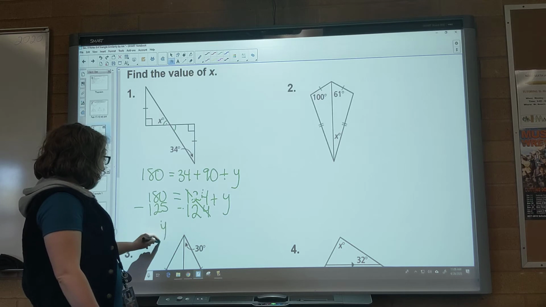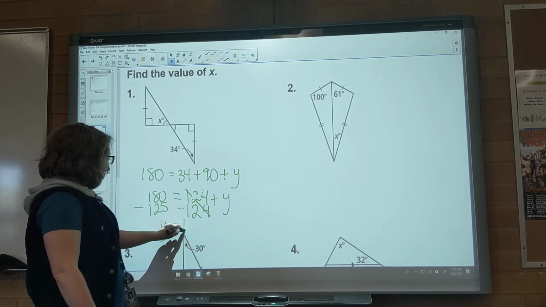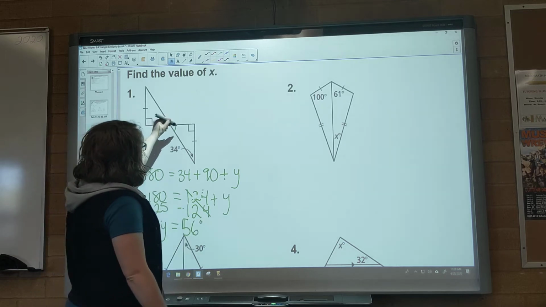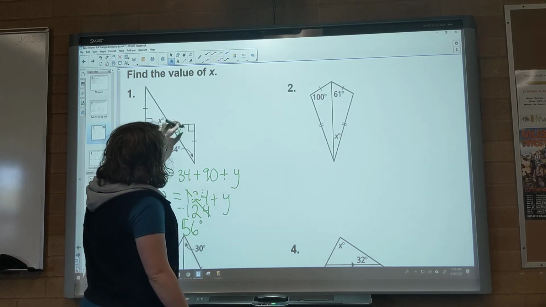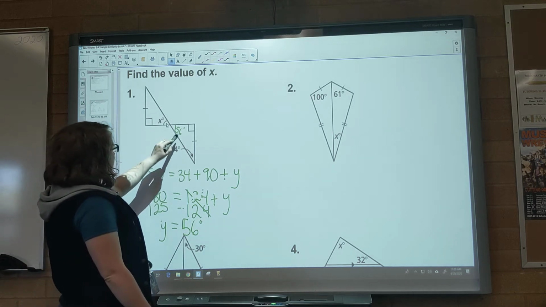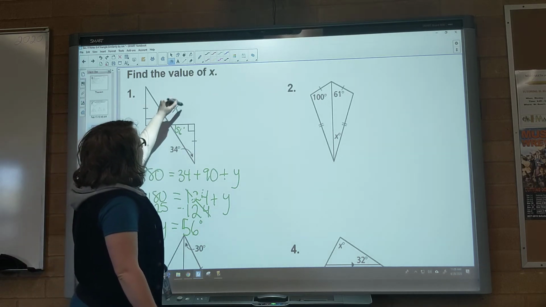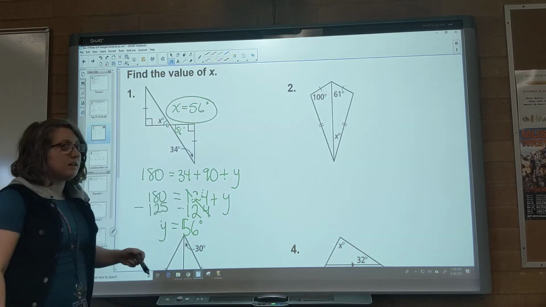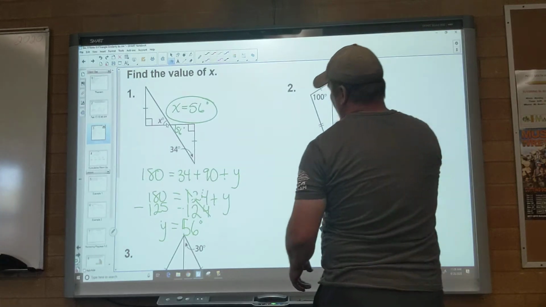So y is 56 degrees, and that's my angle right here. So this is 56 degrees because 56 plus 90 plus 34 equals 180. So if this is 56 degrees, then x is also 56 degrees. That's it. Okay, I'm gonna work on number 2.